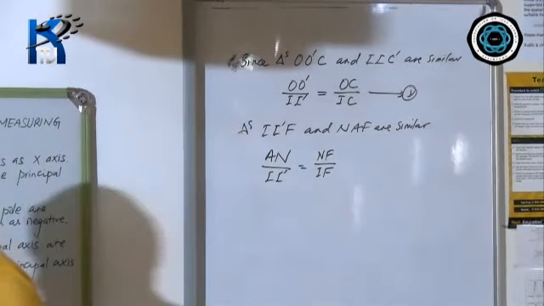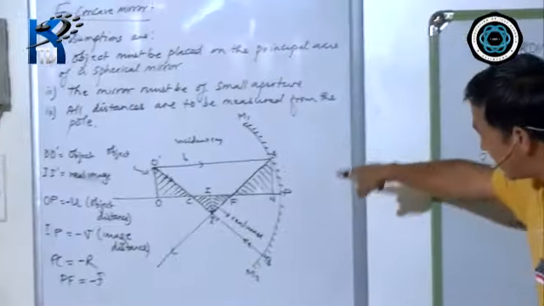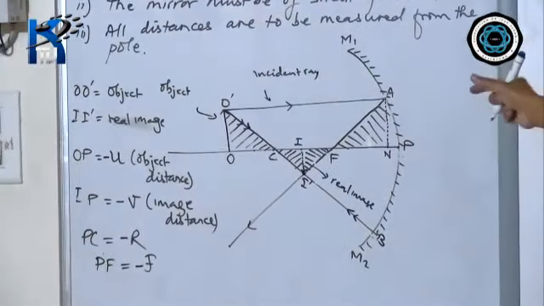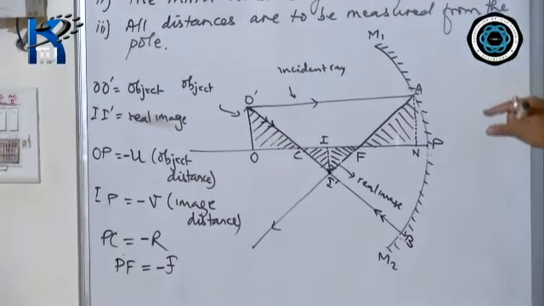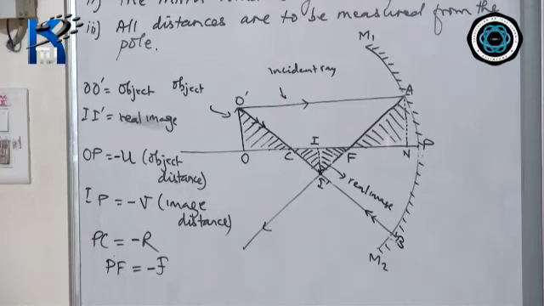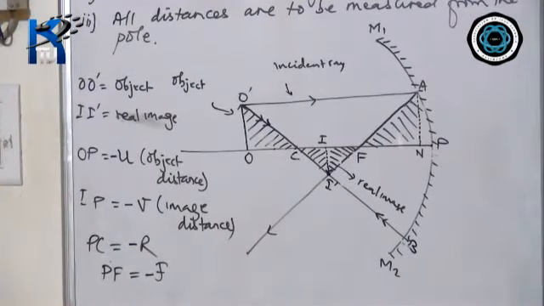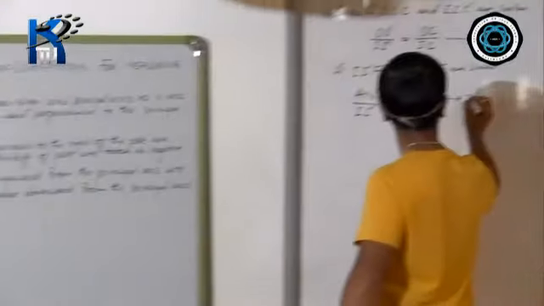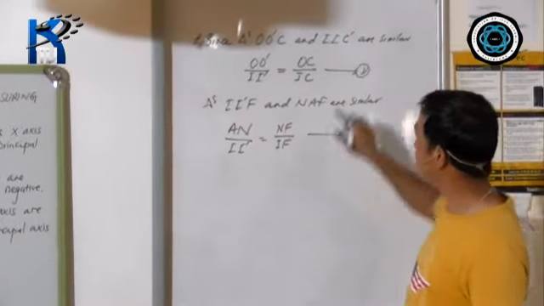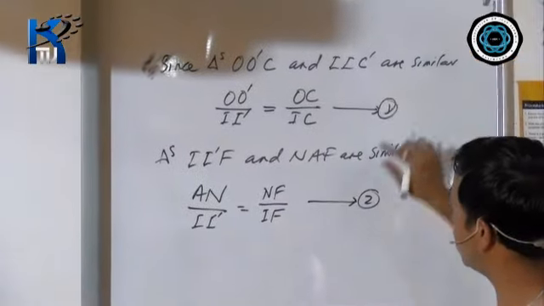I request you to see both the perpendicular sides, AN and II', and the ratio is equal to NF by IF. So I give this as equation 2. If you look at the diagram, we got two equations.